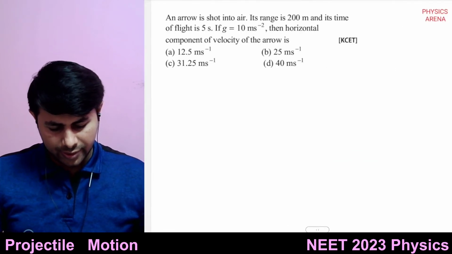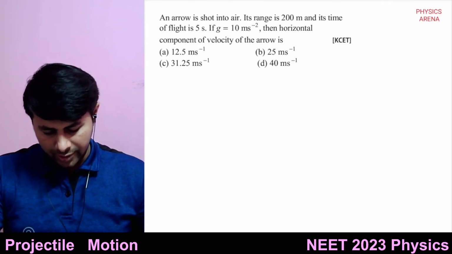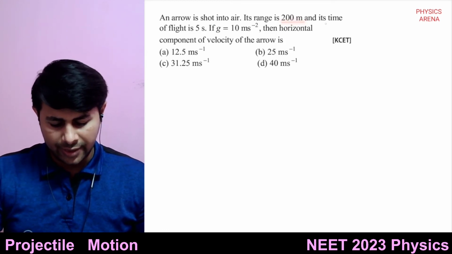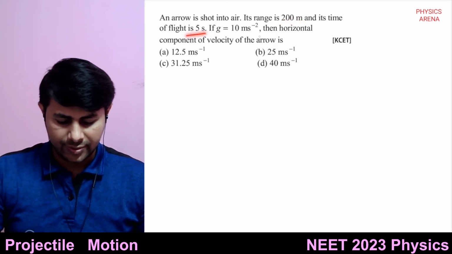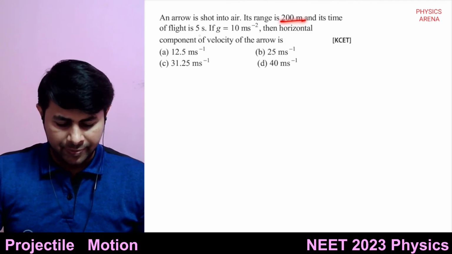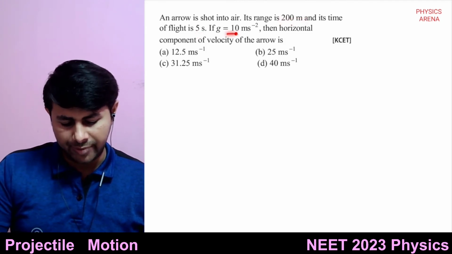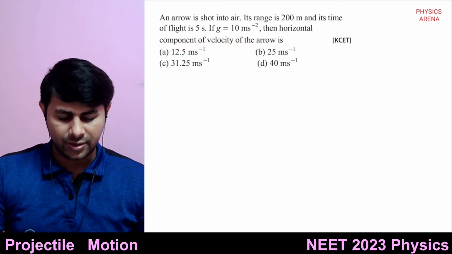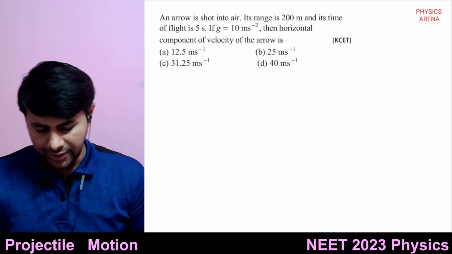So next question. An arrow is shot in air. Its range is 200 meters and its time of flight is 5 seconds. Range is given, time of flight is given. g is equal to 10 meters per second squared, and the horizontal component of velocity of the arrow is? Okay. So range is given.